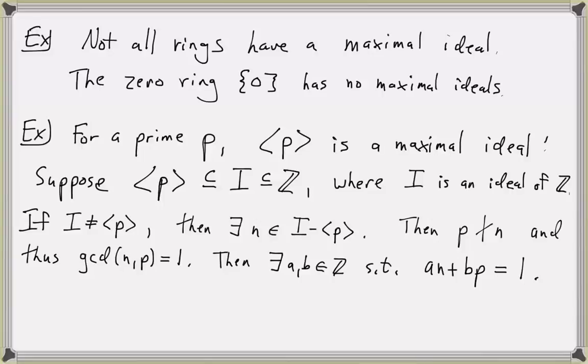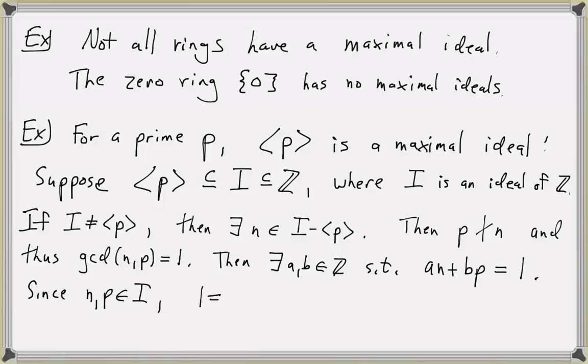But now n is an element of the ideal I, and so is p. So since n is in the ideal, then a n is in the ideal I, and similarly b p is in I.